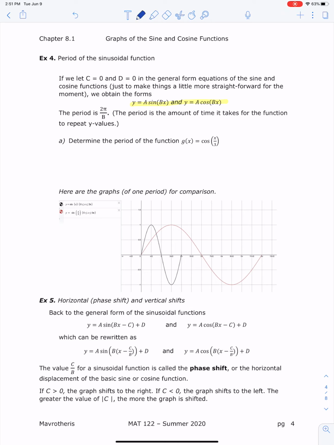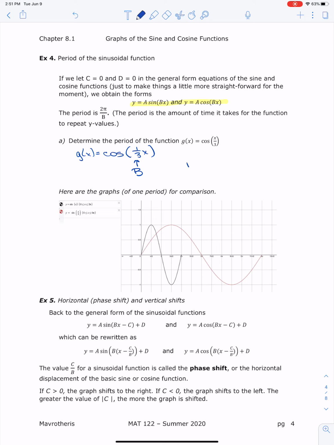The period here is 2 pi over b. And so the period is the amount of time it takes for a function to repeat y values. Okay, so again, g of x equals the cosine of x over 3. Remember that x over 3 can be written as 1/3 times x. So now this is my b.